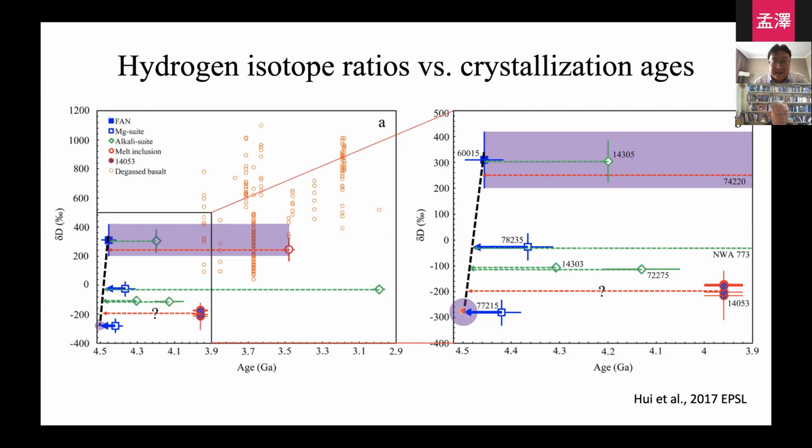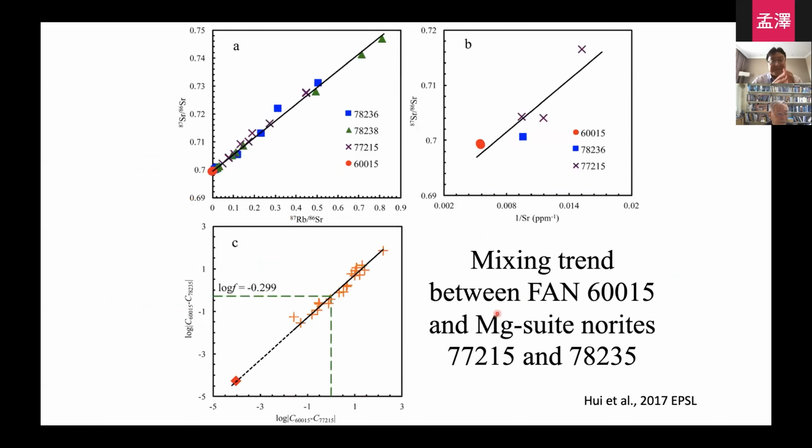That means these magnesium suite rocks may contain a source region which crystallized in the early lunar magma ocean. In this case, we can look at these three samples, 60015, 78235, and 77215.